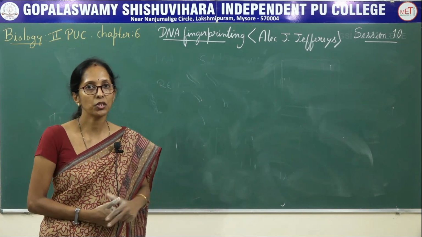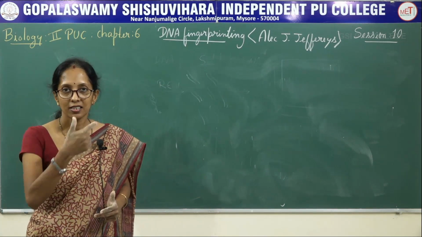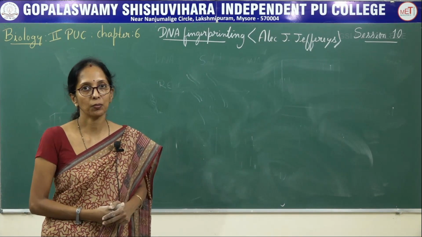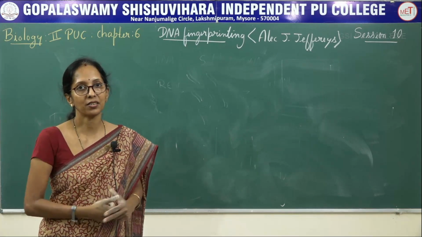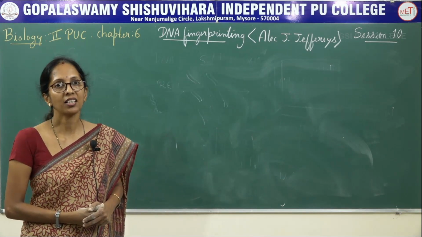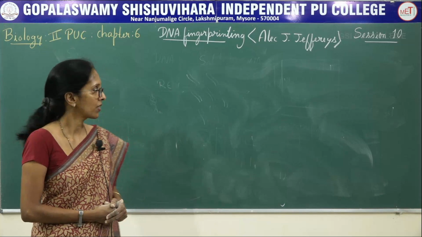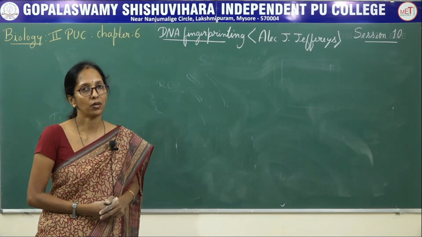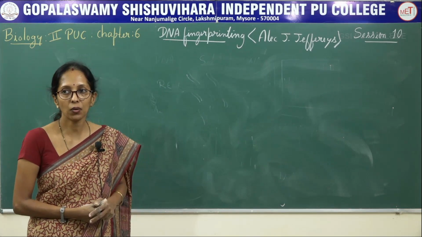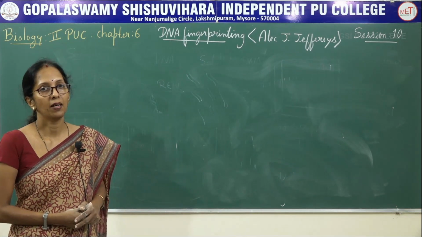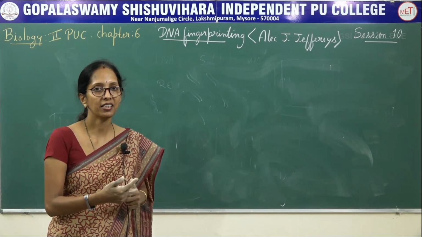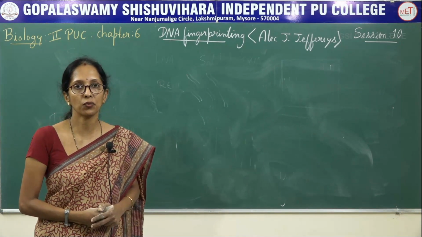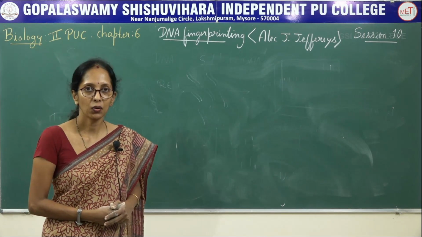Then we studied the Human Genome Project, salient features of the Human Genome Project, goals of the Human Genome Project, diagnostic characters of the human genome, and some of the applications. And then in today's session, I covered the lac operon concept in Escherichia coli, how these genes get activated and in some cases become passive, that is said to be regulation of gene action in Escherichia coli.